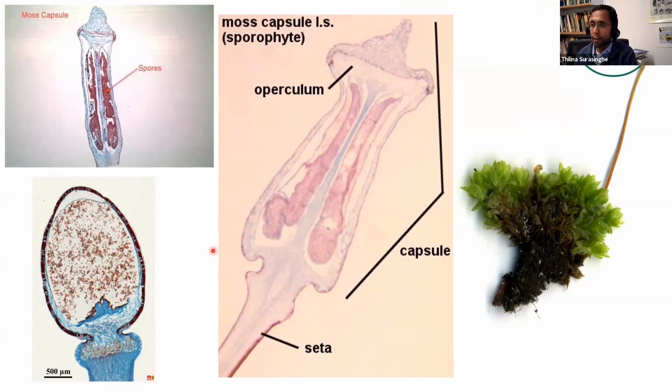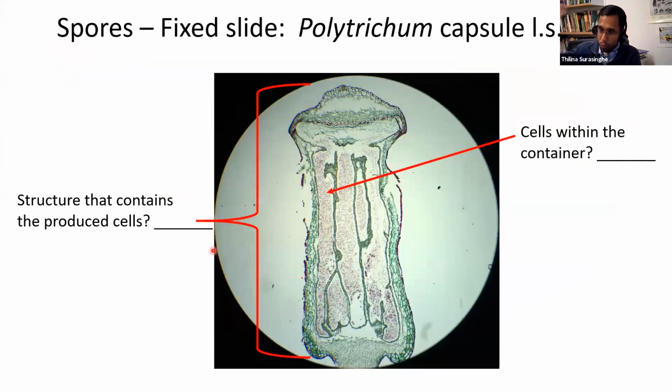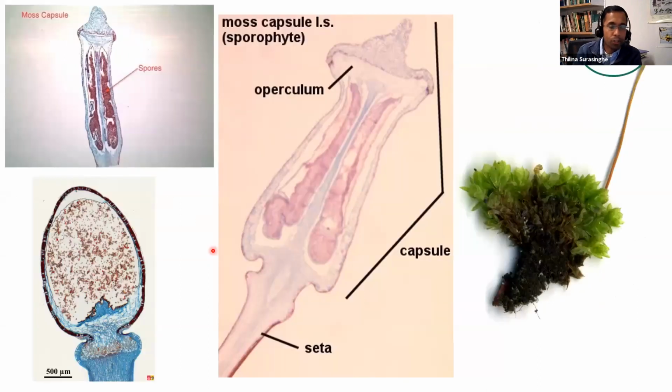Sporophyte: spore producing plant. So that's actually one easy way to remember. Sporangium: a capsule that contains spores. Breaking down the Latin term might help you to understand it.